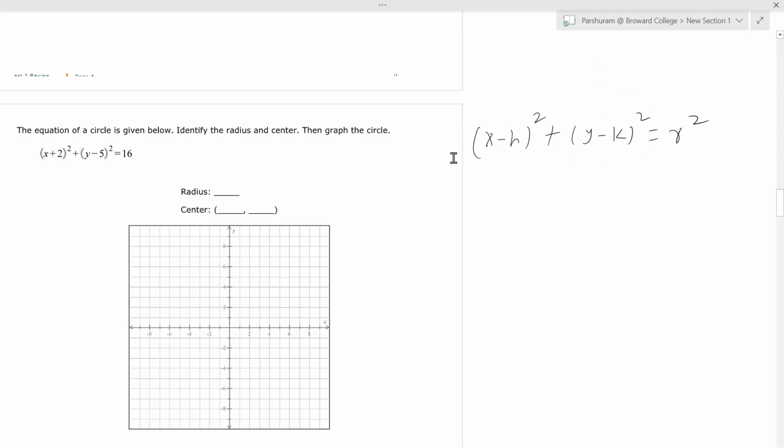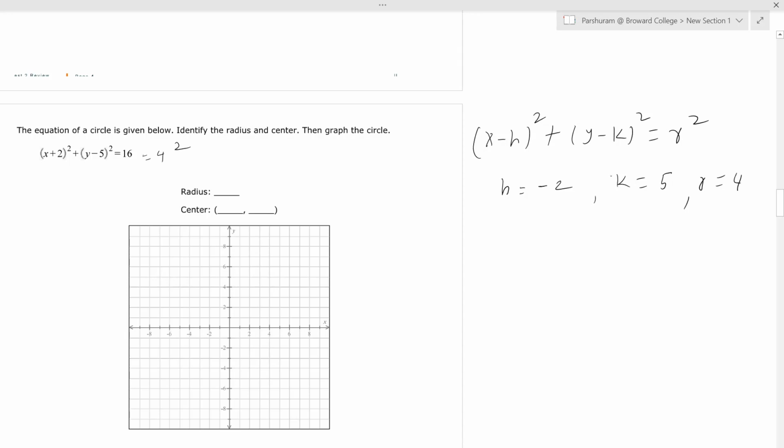If we compare this standard equation with the equation we have been given, we find the value of h equal to -2, because it's supposed to be negative here. If it's positive, you have to flip the sign. And the value of k is +5, and the radius is 4, because 16 can be written as 4 squared.